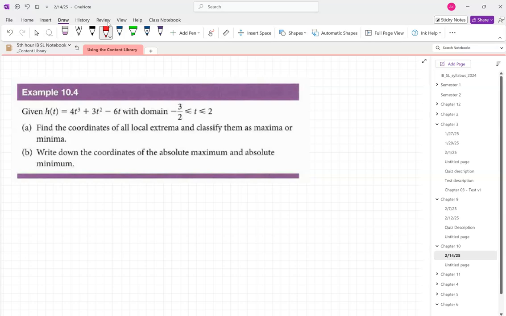Find the coordinates of all local extrema and classify them as minimums or maximums. And then write down the coordinates of the absolute maximum and absolute minimum.